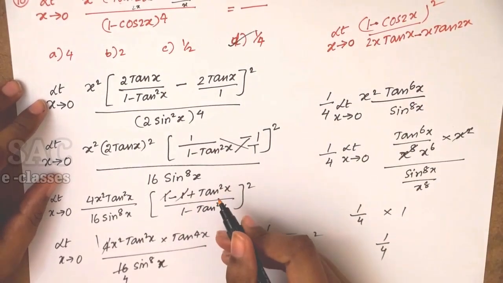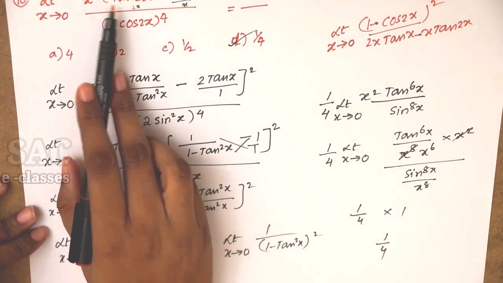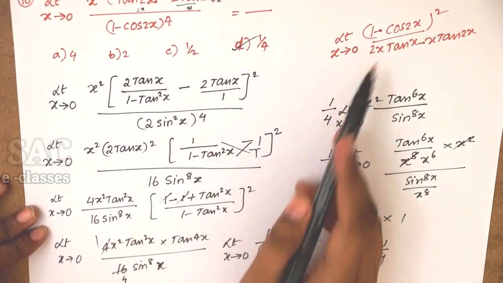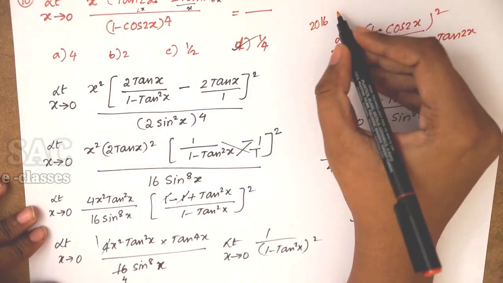This is the problem they have given. If you observe, it is the same thing, but here square is there, here no square. This is coming in 2016.